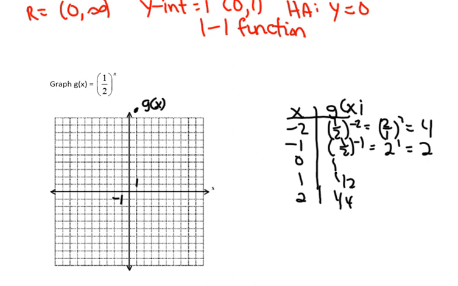Now I want to plot -2 and 4, and -1 and 2, and 0 and 1, and 1 and 1/2, and then 2 and 1/4. Again, a lot of the same characteristics.